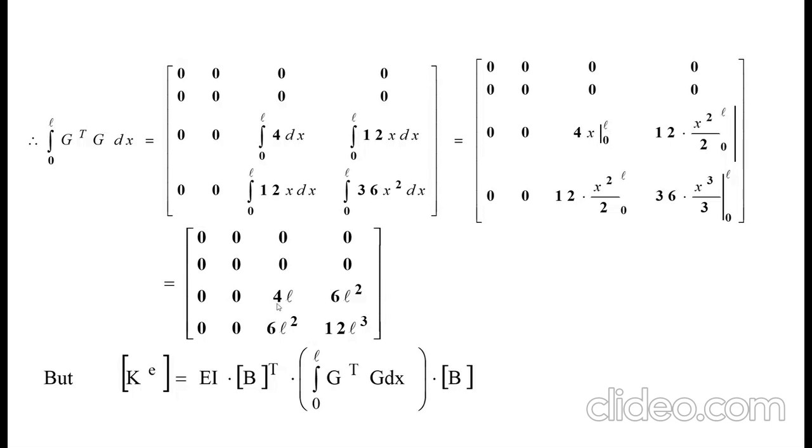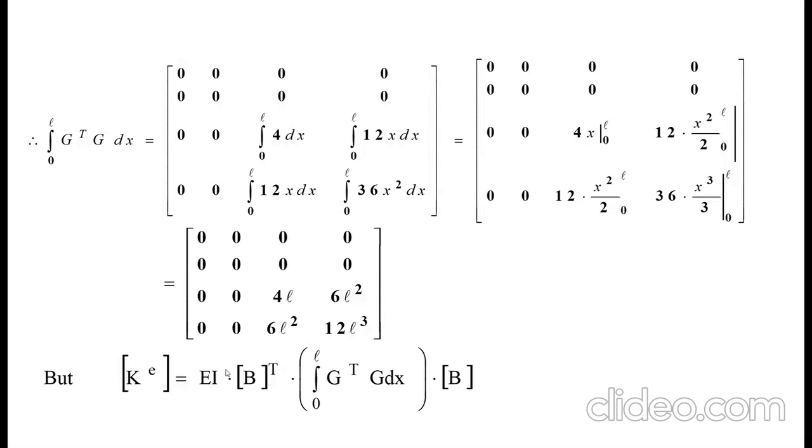Next, 12L squared divided by 2 minus 12 into 0 squared divided by 2, which is 6L squared. The (4,3) entry is the same, 6L squared. Then for (4,4), 36L cubed divided by 3 minus 0, which is 12L cubed. So the final matrix is zeros, with 4L and 6L squared in the third row, and 6L squared and 12L cubed in the fourth row.